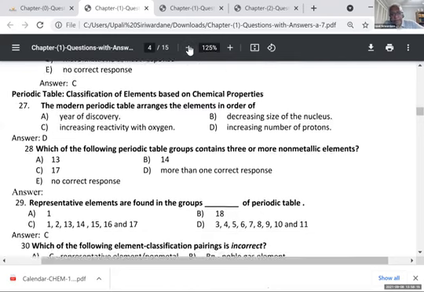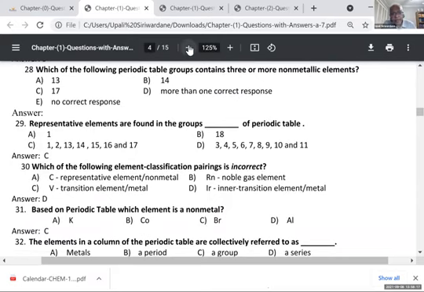Number 29. Representative elements are the groups of the periodic table with A's except 8A.